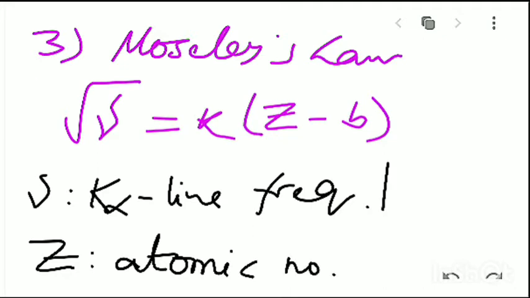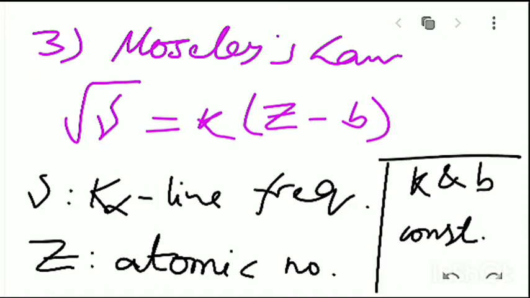The other k and b are two constants. Those will usually be supplied. Okay, so these are the entities. These three formulas you must remember for these cases.